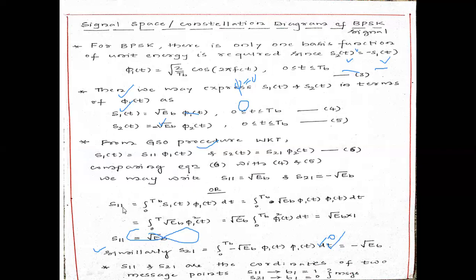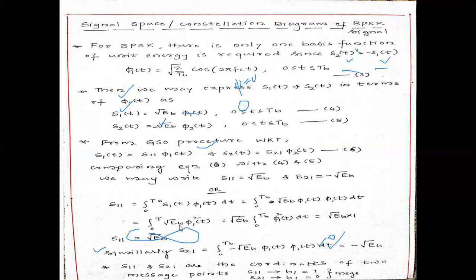So this S11 is equal to the integration from 0 to Tb of S1 of t into phi 1 of t dt. So it is 0 to Tb of square root of Eb, because S1 of t from equation number 4 is square root of Eb into phi 1 of t, which is multiplied by this phi 1 of t, right?